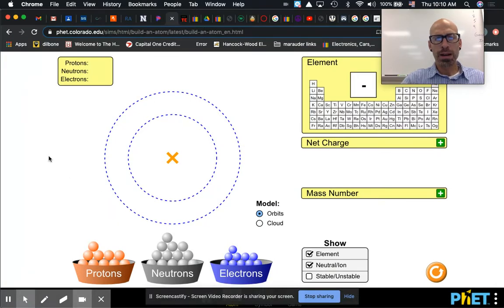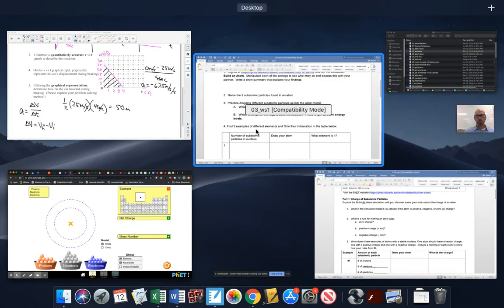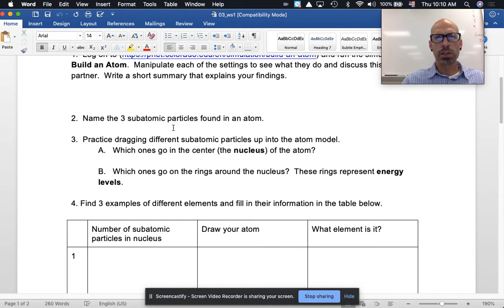When you look at the atom builder here, do you see anything on the screen that you think would be considered a subatomic particle? If this thing here is going to be the atom, these things right here are probably the 3 subatomic particles they're referring to. Since you've got buckets of these down here to put in here, that's probably what they're referring to. So yes, protons, neutrons, electrons, those are the 3 subatomic particles.